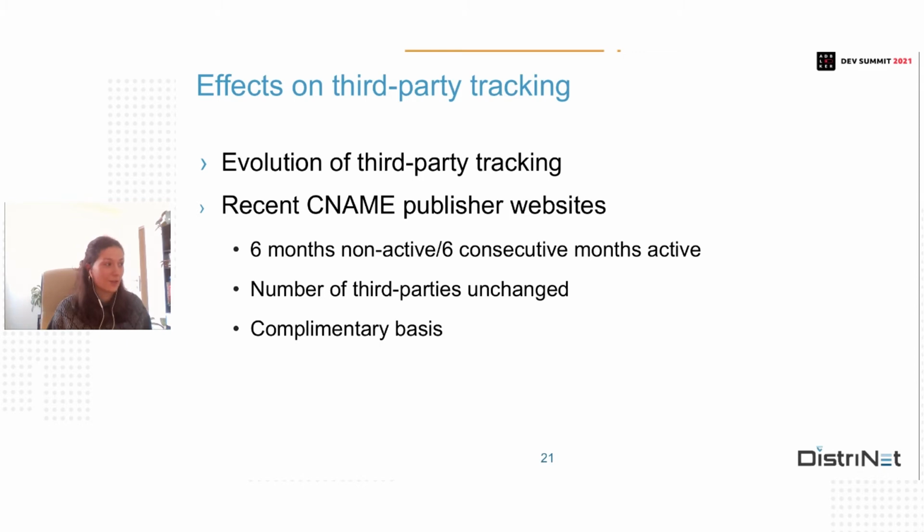And we found that on those websites, the number of third parties did not change, which indicates that the two methods are used on a complementary basis. So either to obtain additional information about the user or to make sure that the user is still being tracked even if he or she has some tracking protection tools.